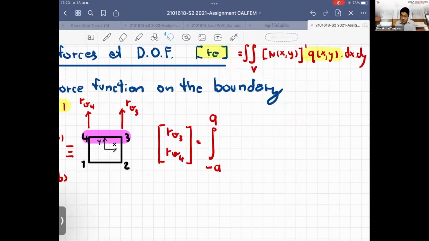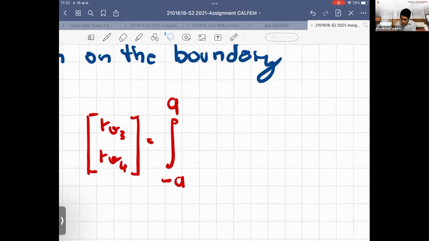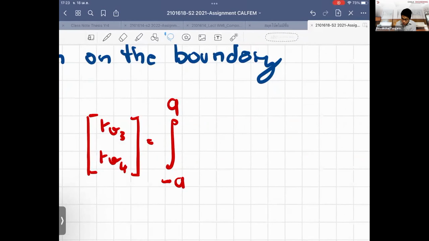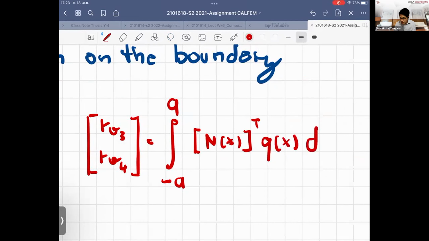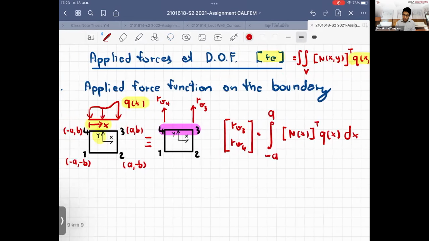So you just take the integration, but in this case, because it lies in the x direction, you don't need to do the double integration, and you use the Gauss quadrature, only 2 points, right? The x transpose times qx and dx, and you obtain this, okay?